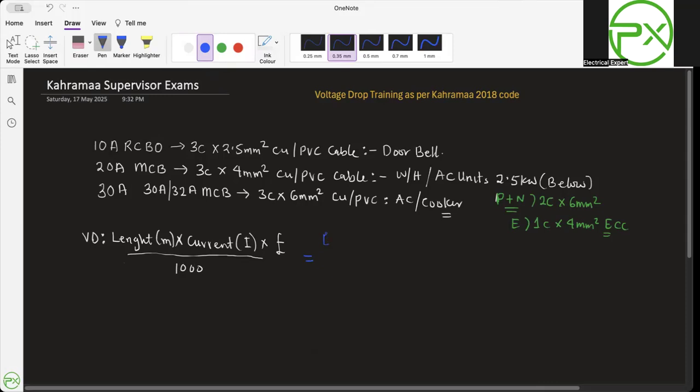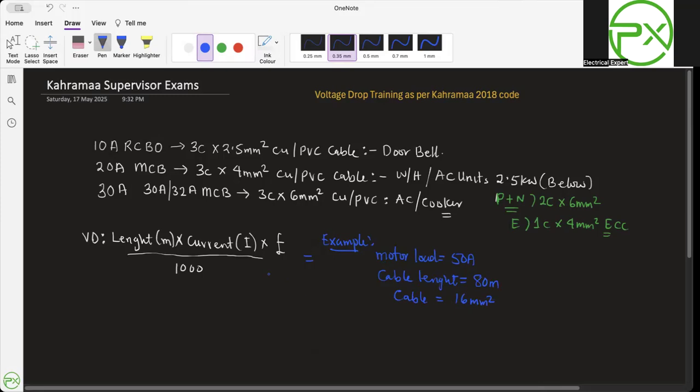So let's say we have an example here now, because of time. Let's say I have an electric motor load of, let me consider, 50 amps. Let me bring small numbers in order to make the calculation very easy. Let's say I have a cable length of 80 meters. For the cable size, let me consider 16 mm square is enough for me.